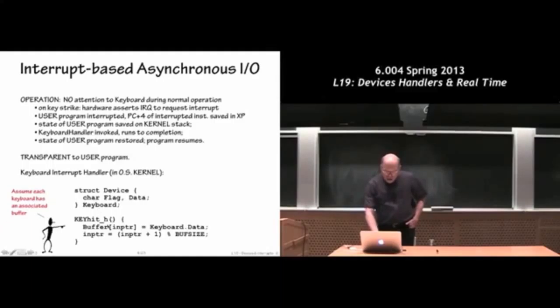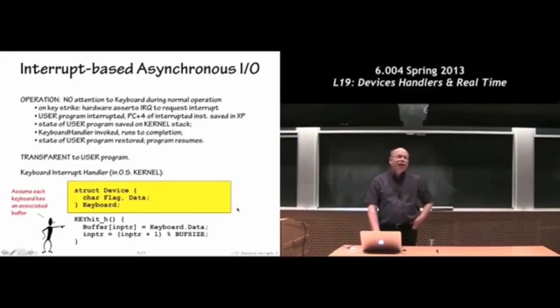Okay, so we already talked about how the keyboard handler, there's a hardware device that typically sits in some sort of I/O address space. Maybe that's a part of the actual hardware address space, the virtual memory physical address space of the kernel.